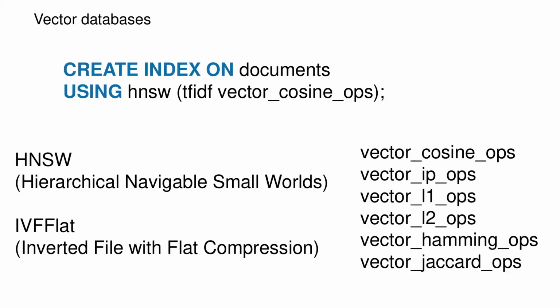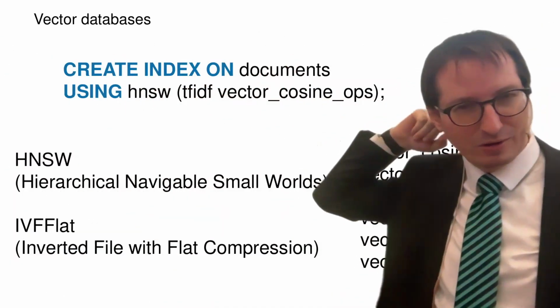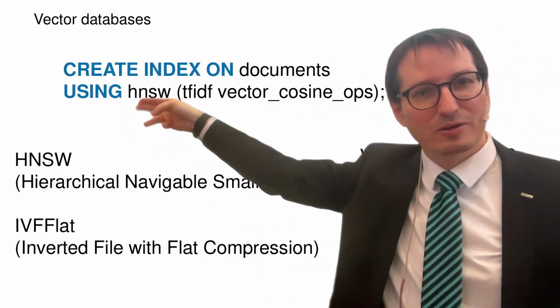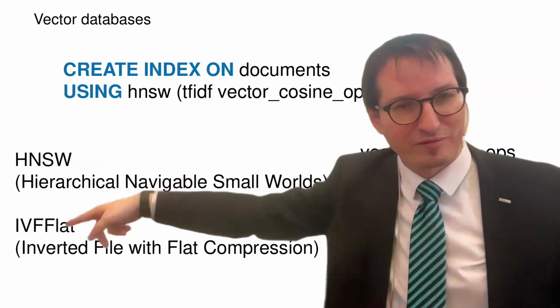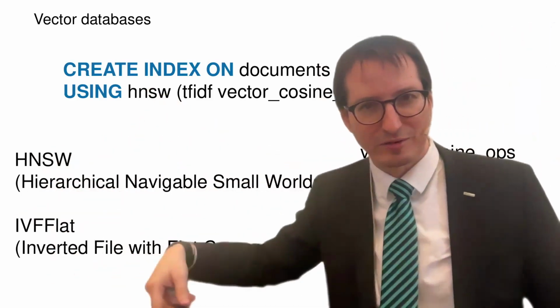But first, in the SQL syntax, for the people who have the luxury of writing SQL and don't need to worry about the details, it's just 2 lines of code. They just say create index on the table using one of several indices. So there's 2 of them that I'll show you. So HNSW, hierarchical navigable small worlds, is one of them.